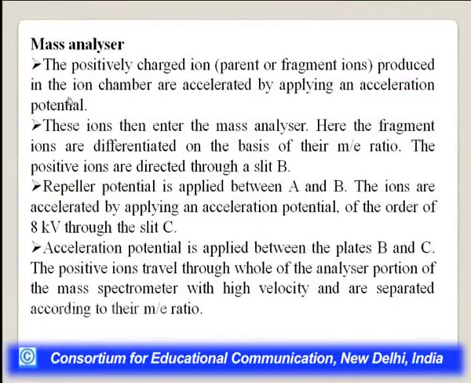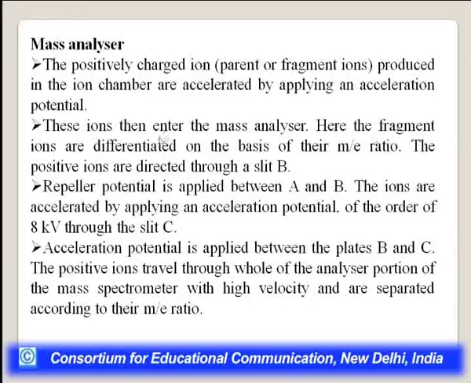Mass analyzer. The second part of instrumentation after the ion source is the mass analyzer. The positively charged ions, parent ion or fragment ions produced in the ion chamber, are accelerated by applying an acceleration potential. We need to accelerate them to analyze. So these ions then enter the mass analyzer.